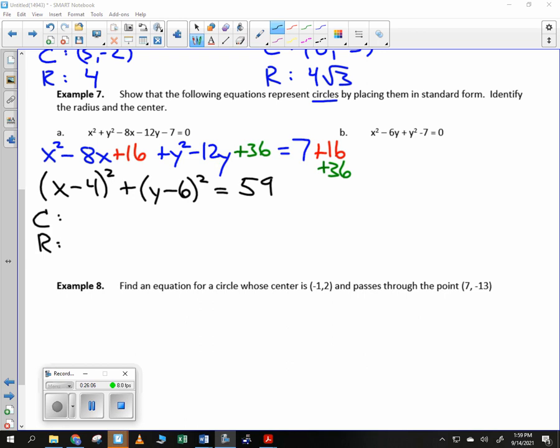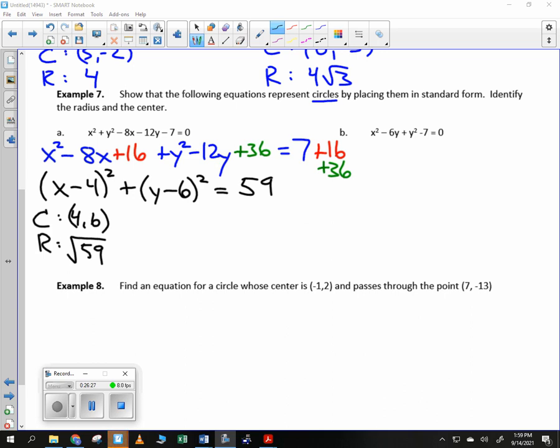So now we need the center and the radius. What is the center? Radius? Go to 59. I guarantee you'll have at least one question on the ACT that will be around circles.